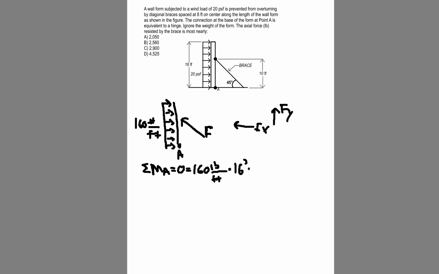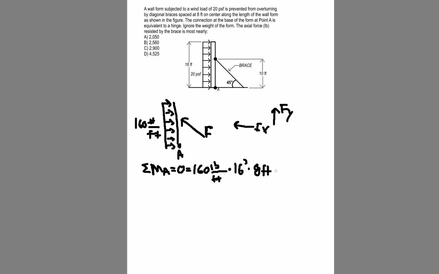And then the distance away from A that it acts, it's going to act at the height divided by 2, right? So 16 feet divided by 2, it acts at the centroid of that wall, is equal to 8 feet.